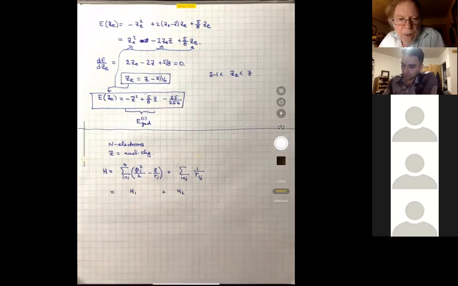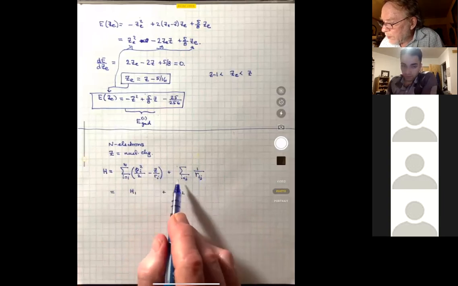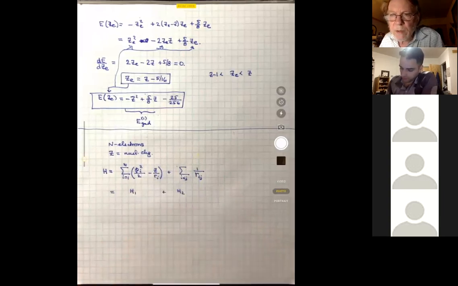Now, H2 is not really small compared to H1. Although it doesn't have a factor of Z in it, because it's a sum over pairs of electrons, it's proportional to N squared. There are a lot of terms in there.